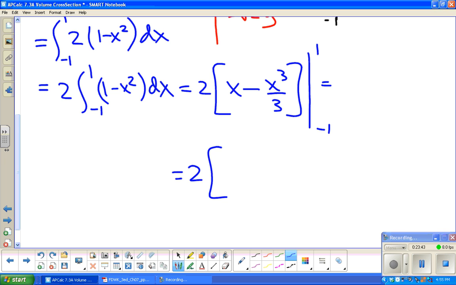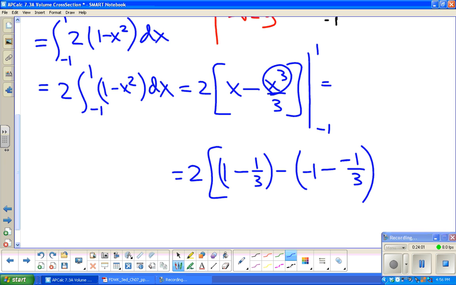All right, put in 1. Put in -1, so -1. Now -1 cubed is -1 times -1 times -1. Okay, almost there.